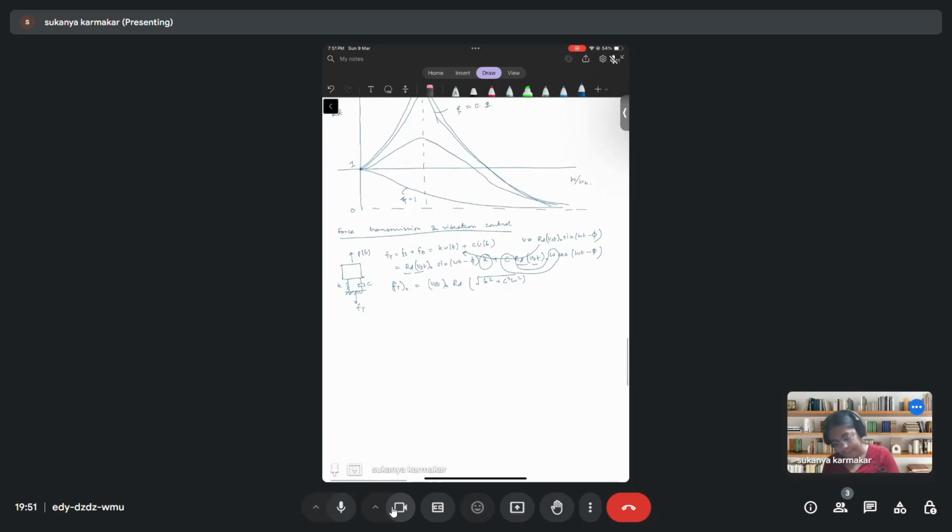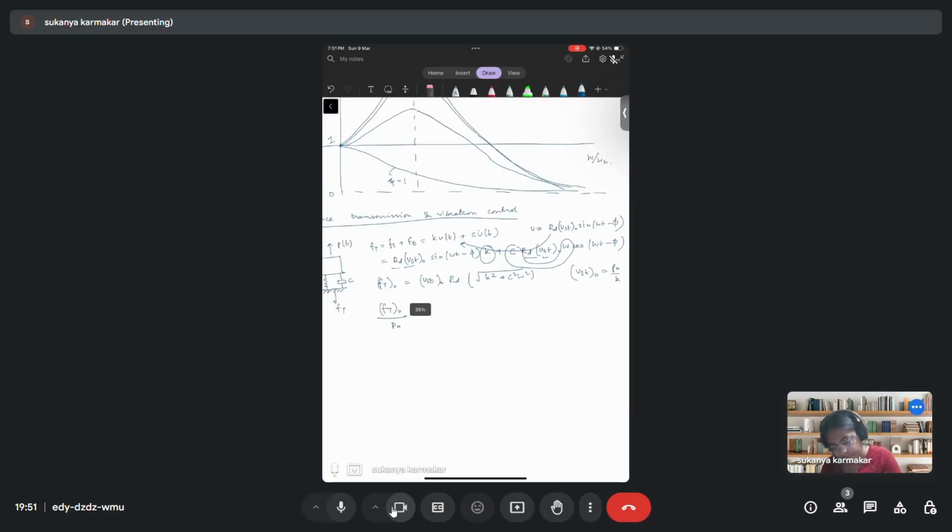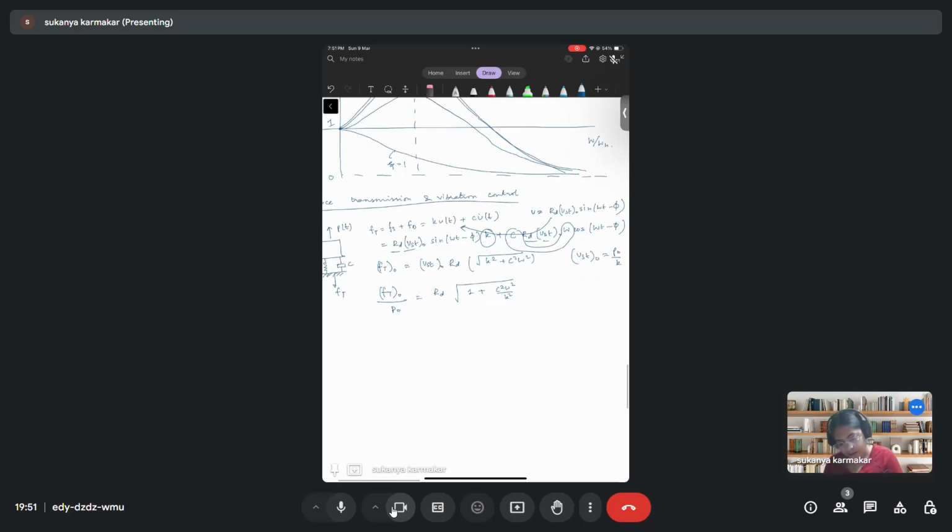So now if I want to divide, now ust naught is p naught by k. Suppose I'm substituting it here, ust naught is p naught by k, and I bring the p naught on this side, so rd, and suppose I have a k left, I move it inside. I have 1 plus c square omega square by k square. Now this is under root of 1 plus c square omega square by k square.